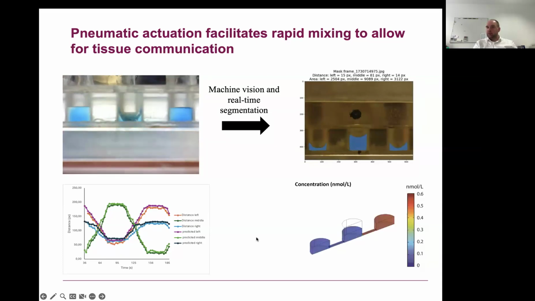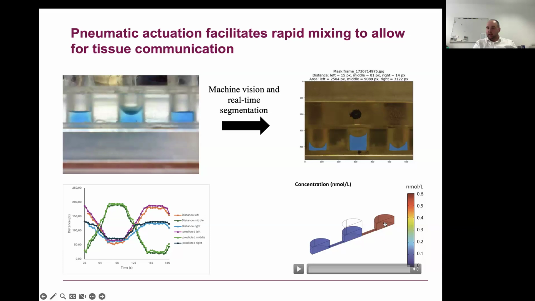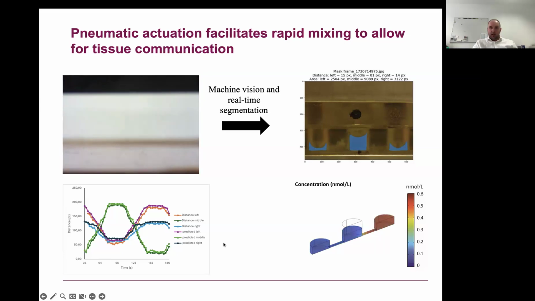When we then put that into a model such as this COMSOL model here, as soon as we know the local concentration at any point in time in a given compartment, we can apply diffusion coefficients and the mixing dynamics to calculate, to put it a bit provocatively, the concentrations of the analyte at every voxel in the chip at every point in time. This can be directly fed in so that we better understand the actual mass transfer between the individual compartments. Here would be an example of local insulin concentrations.